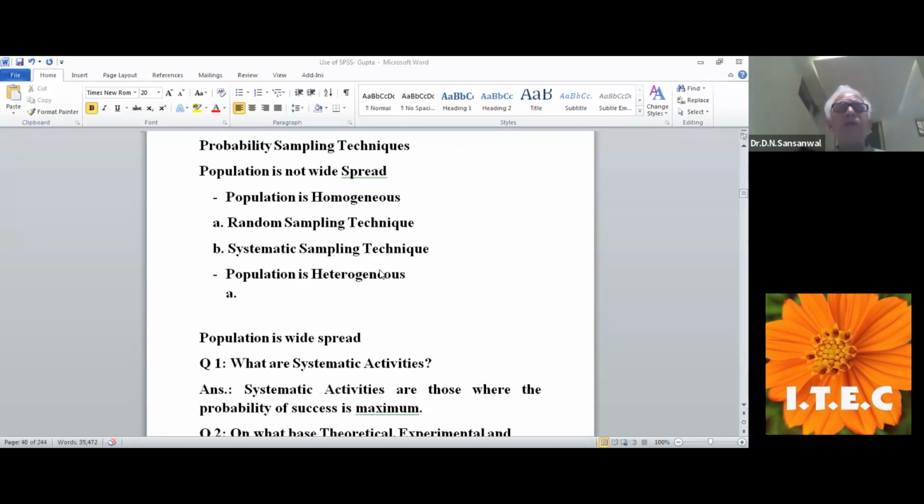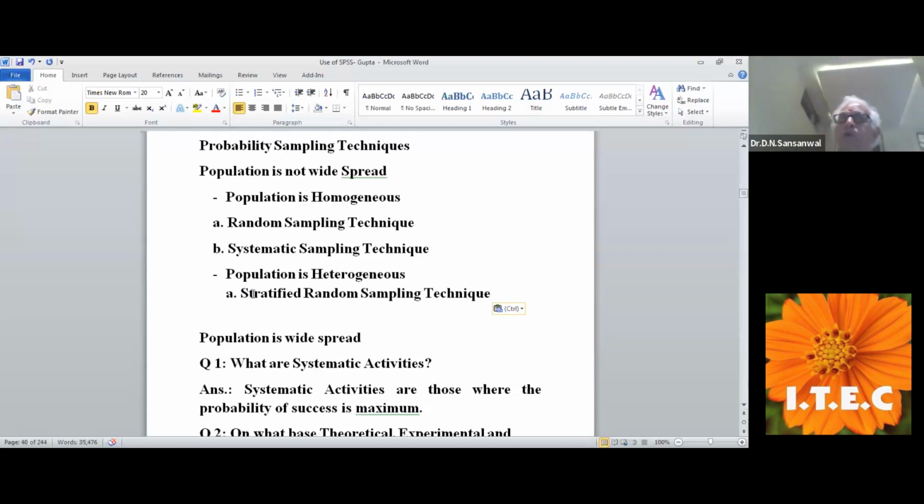When your population is heterogeneous, then it is stratified random sampling. This is the correct name. It's not stratified sampling, that is the wrong name. It is the stratified random sampling.